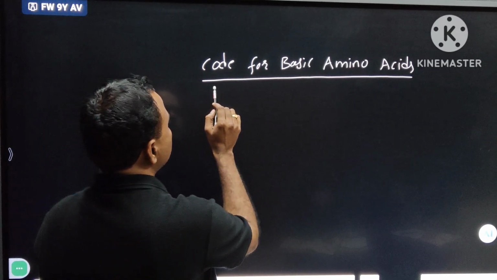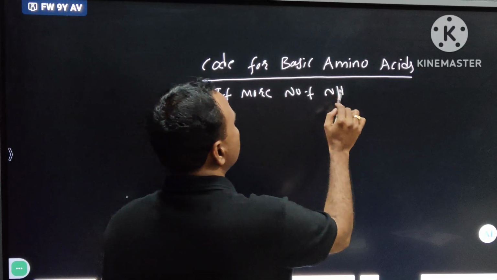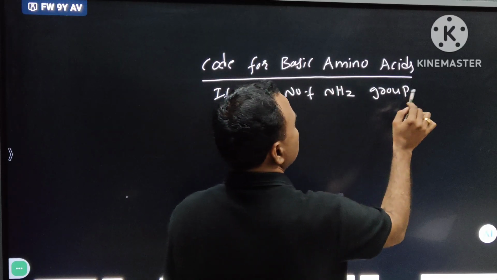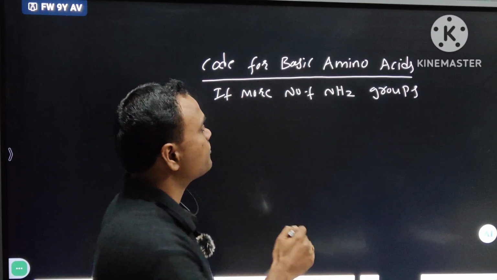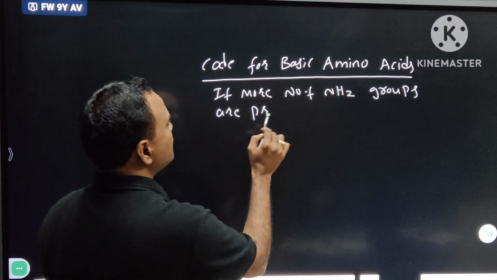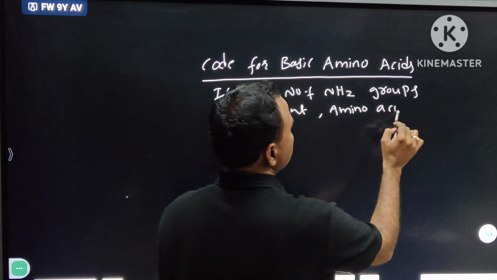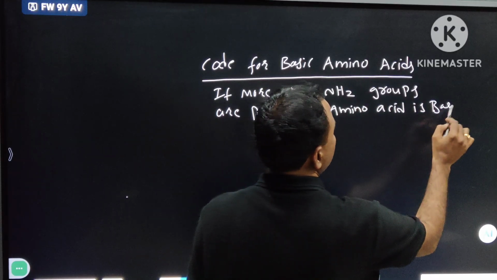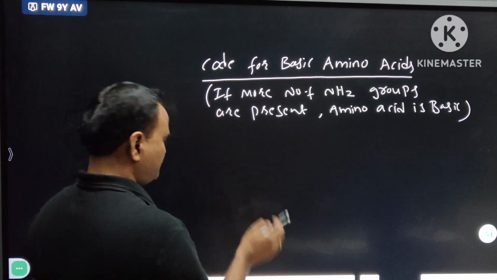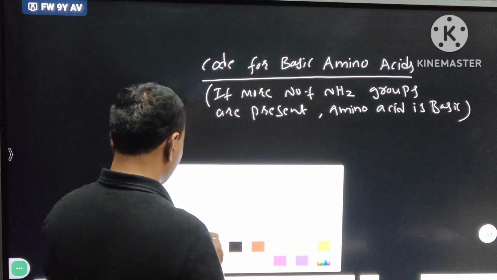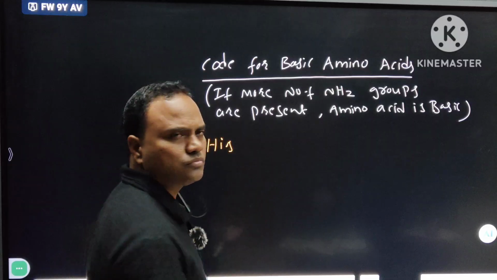First of all, you just write one statement. If more number of NH2 groups are present, or more number of nitrogens are present to donate electrons, then amino acid is called as basic. This is one code.